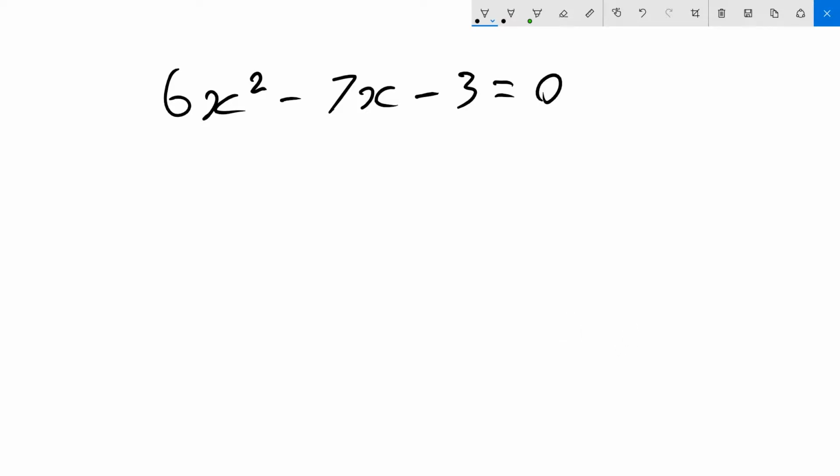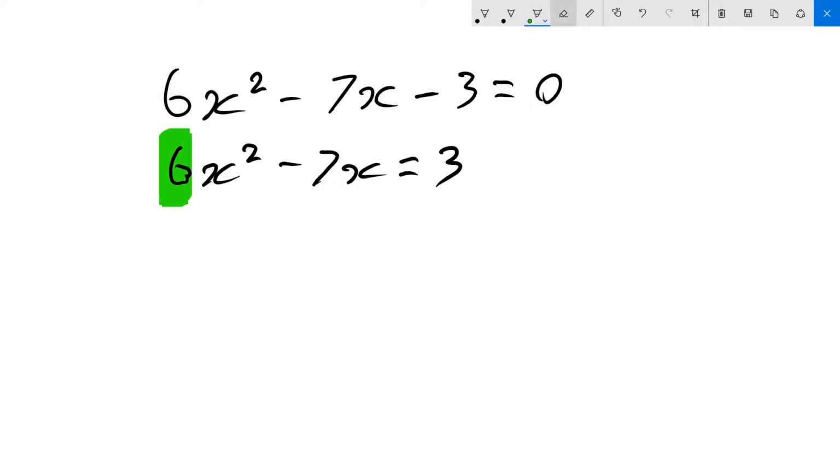So let's transpose the 3 across, so we have 6x squared minus 7x equals 3. Now because this a value over here is greater than 1, we have to divide the entire thing by whatever that number is.